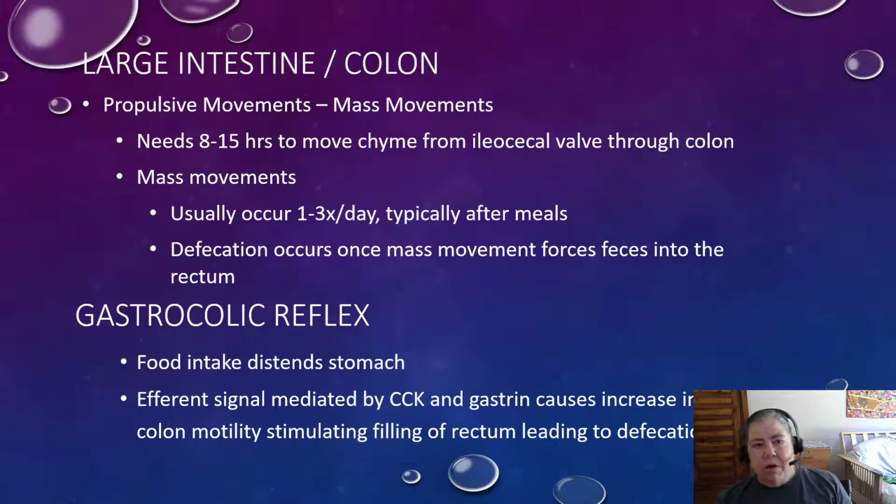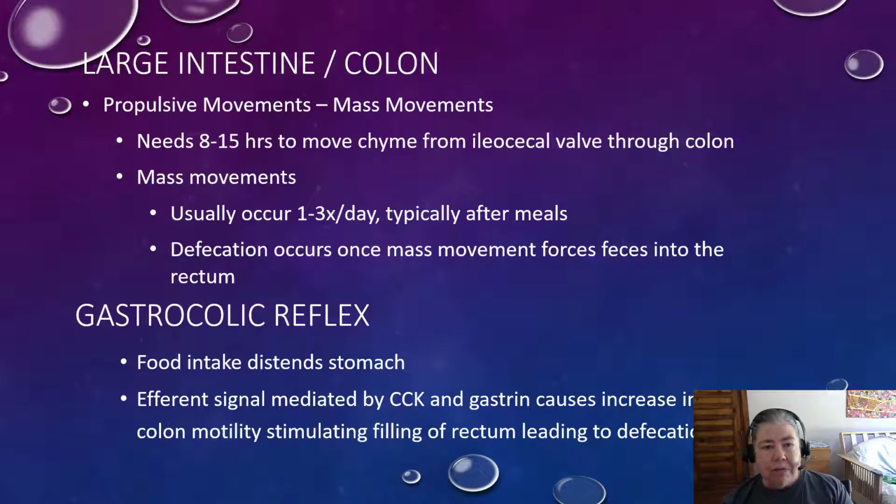There are propulsive movements in the large intestine, and some of those propulsive movements are called mass movements. So it takes time for the chyme to get through the small intestine. Here it says 8 to 15. I think earlier it said 3 to 7. Oh, never mind. 8 to 15 hours for the chyme to get from the ileocecal valve through the colon to the rectum.